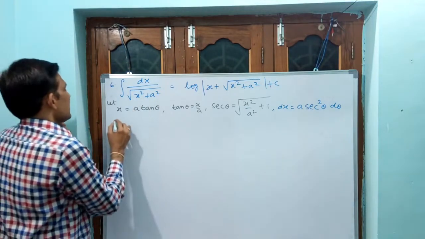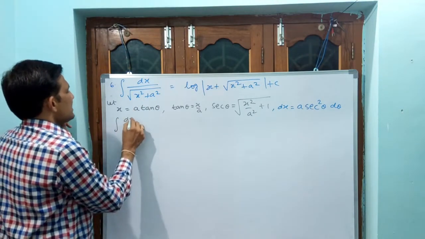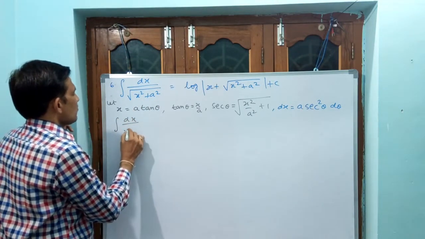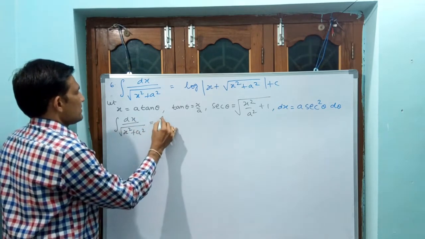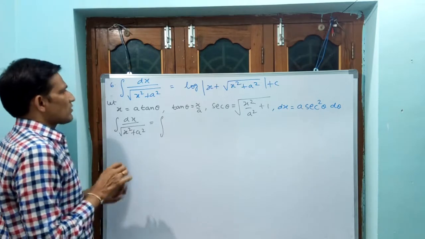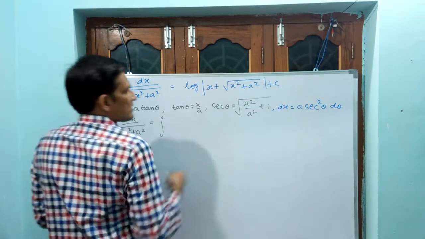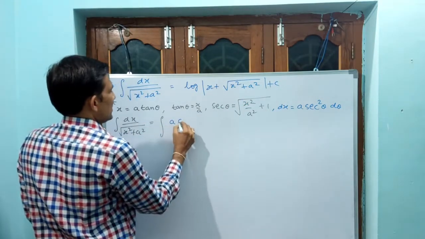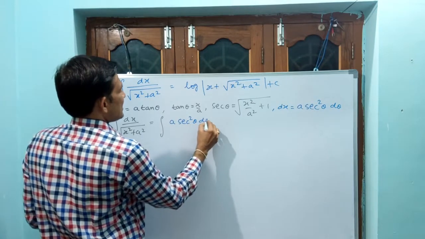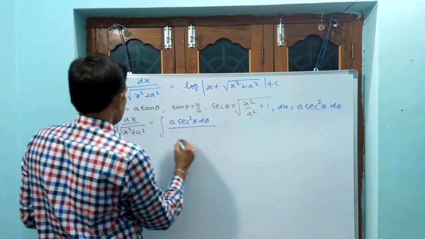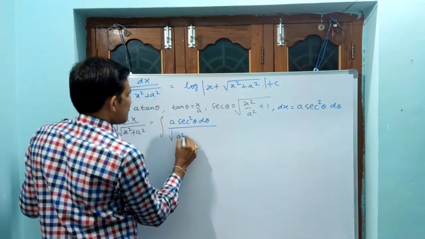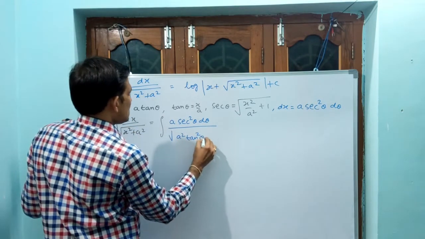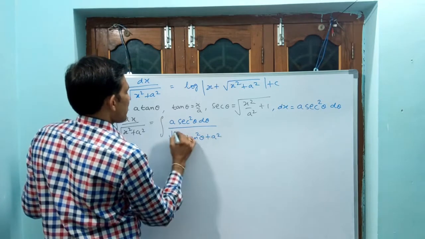Let us proceed further. Take the LHS: integral dx by square root of x square plus a square is equal to integral a secant square theta d theta divided by square root of a square tan square theta plus a square.